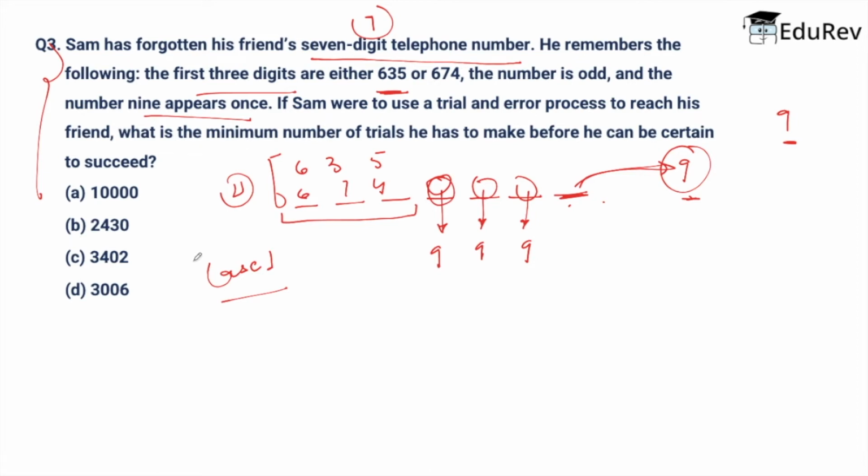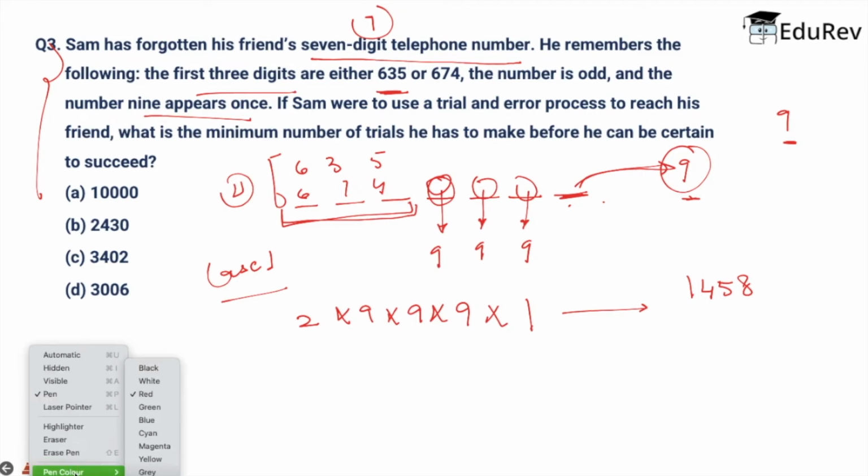So in case 1, that is, 9 appears at the end, the number of ways in which the number can be formulated is: there are 2 options for the first 3 places, so 2 into 9 options for the 4th one, similarly for the 5th one, similarly for the 6th one, and for the 7th one I have only 1 option because the number 9 is at the end. When I multiply this, I will get 1458. So this was case 1.